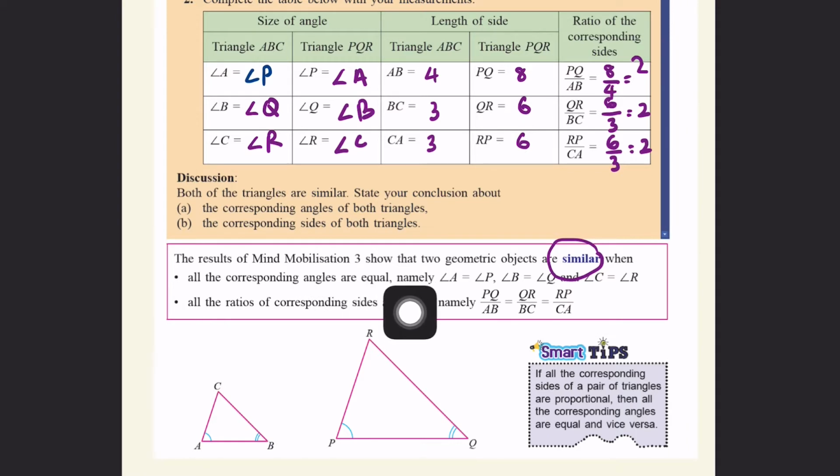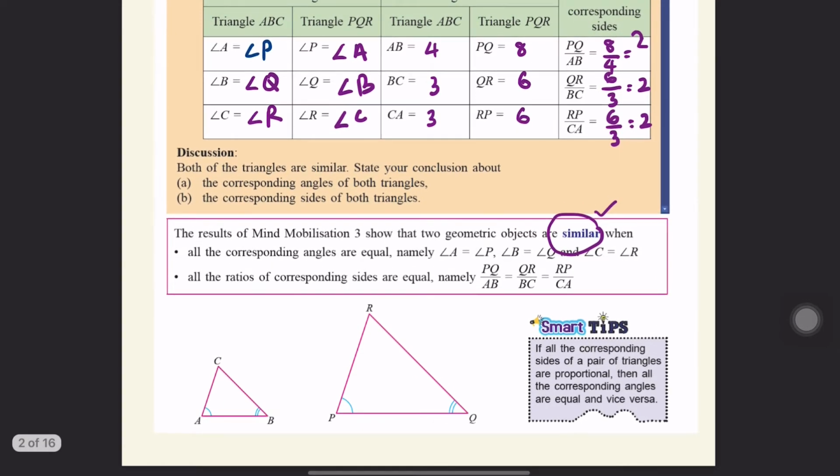Namely, for this example, angle A is equal to angle P, angle B is equal to angle Q, angle C is equal to angle R, and all the ratios of the corresponding sides are equal. So when two different objects have the same angles and the same ratios of corresponding sides, we can say that the objects are similar.